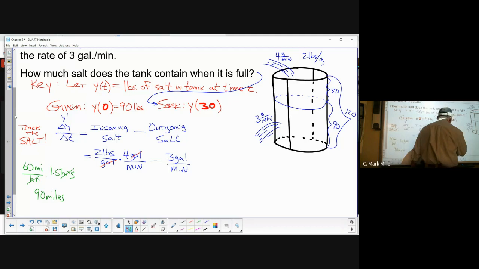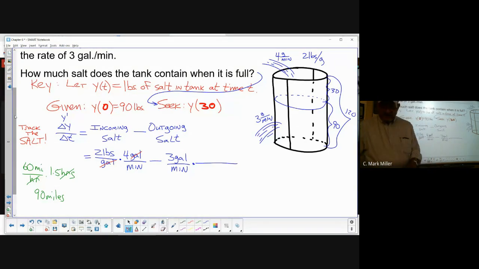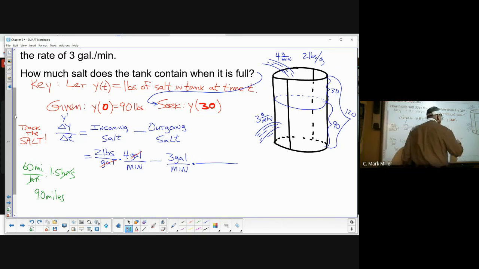Concentration is the amount of salt in the tank divided by the volume, meaning not the volume of the container, but the volume of water in the tank. The amount of salt in the tank at any time is y.